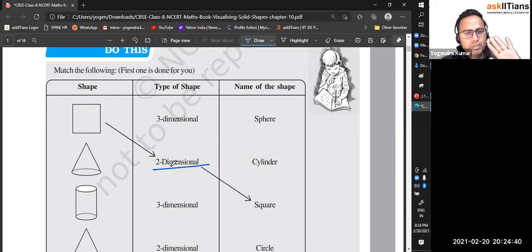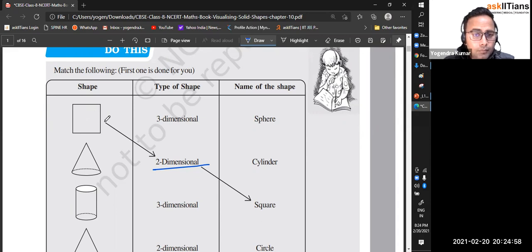The shape is in the plane of the paper, it is not coming out or going backside. Are you getting me? 3D is what comes out of the plane or goes into the plane, right? Length and width are there, but the third dimension is there too.